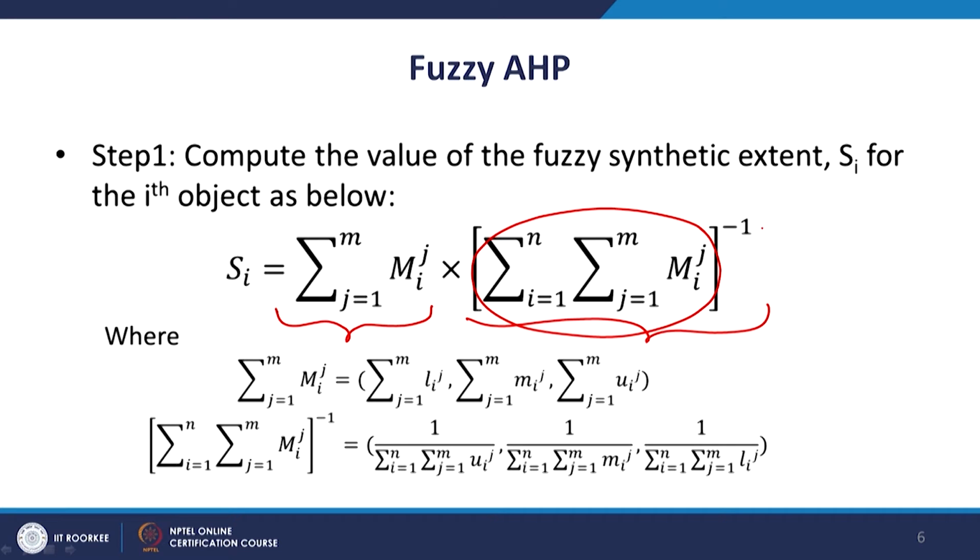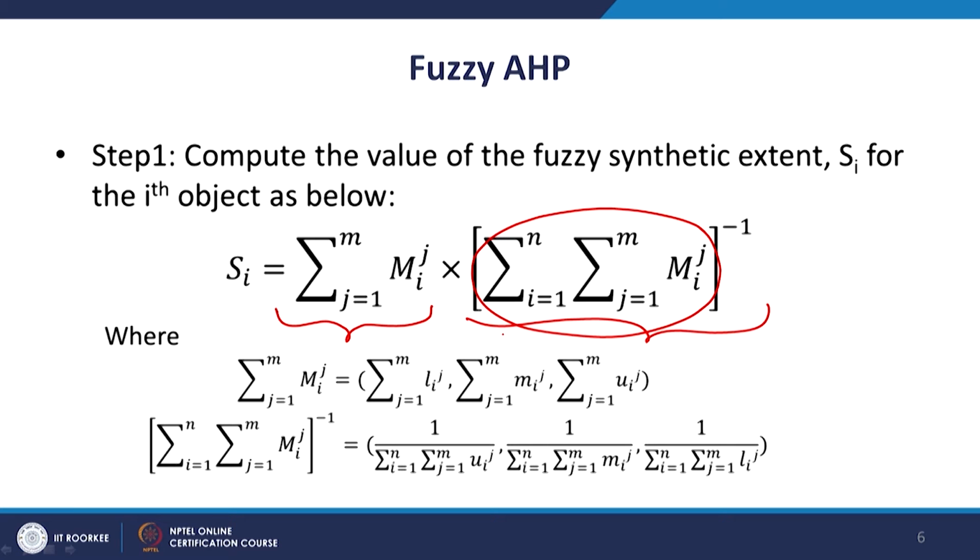This is again a summation over 1 to n, for n objects, and then a summation over j equal to 1 to m, for m goals, of the extent analysis values M i j. After computing this inverse and multiplying with the first expression, this will give us the synthetic extent values.